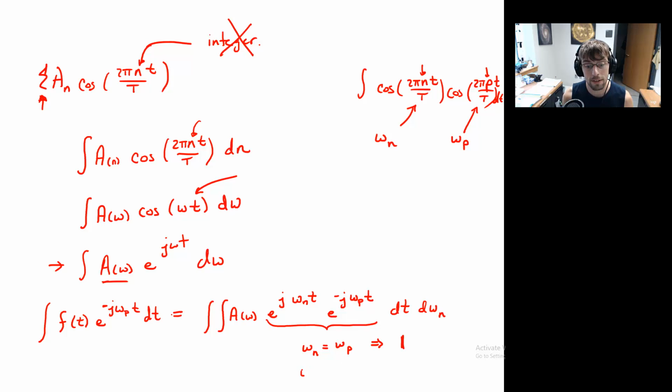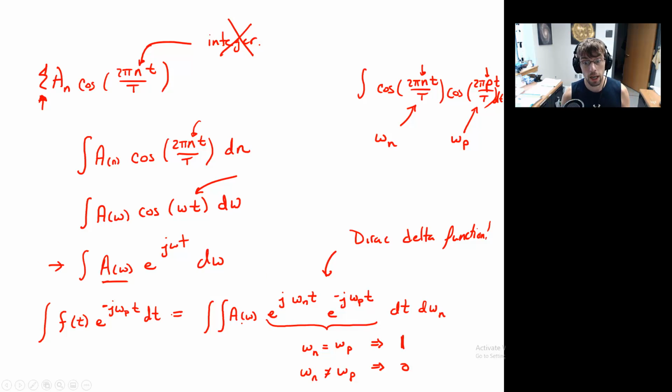And if omega n is not equal to omega p, this will give you a value of 0. Now, this is a fancy mathematical function. I won't go any further into it, but this is called the Dirac delta function. You'll see that pop up.